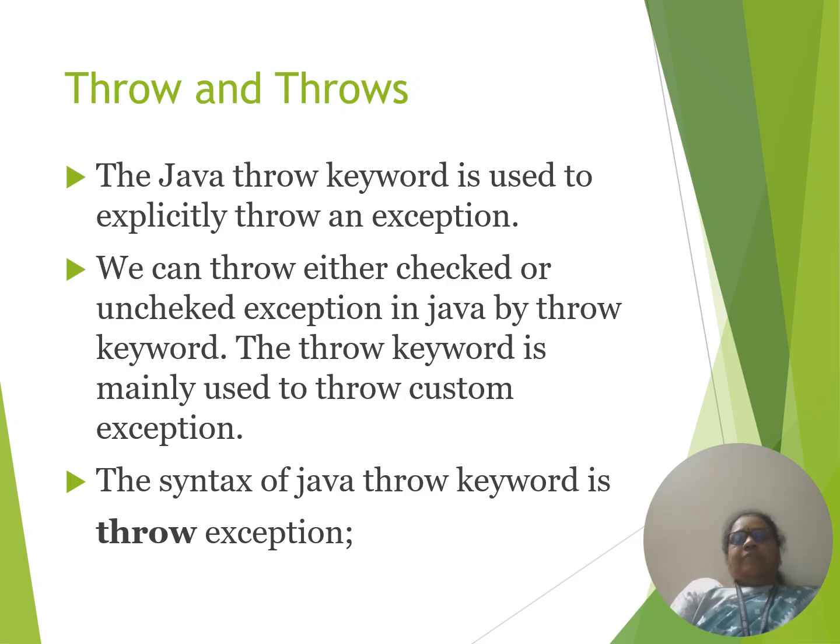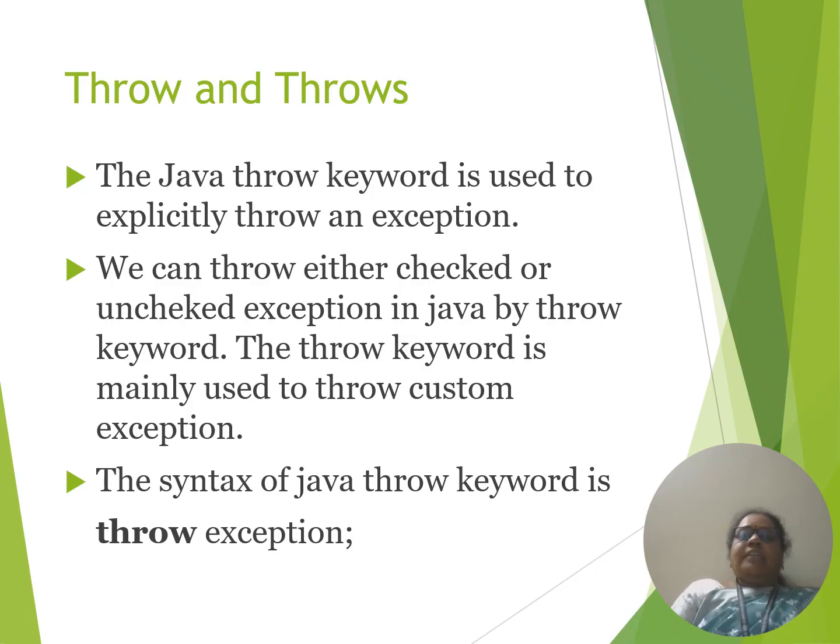Throw and throws keywords. The Java throw keyword is used to explicitly throw an exception. We can throw either a checked or an unchecked exception in Java by the throw keyword. The throw keyword is mainly used to throw custom exceptions.